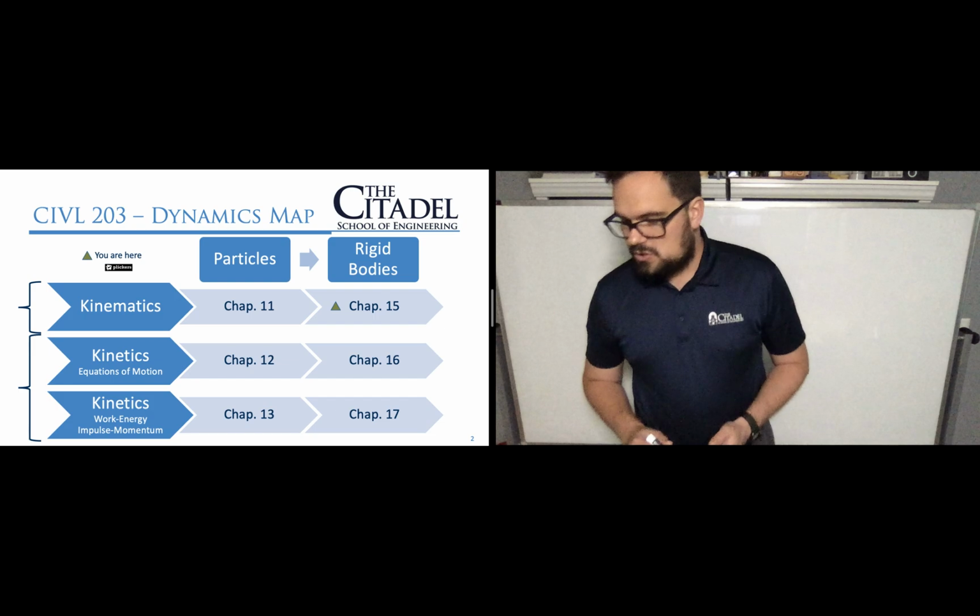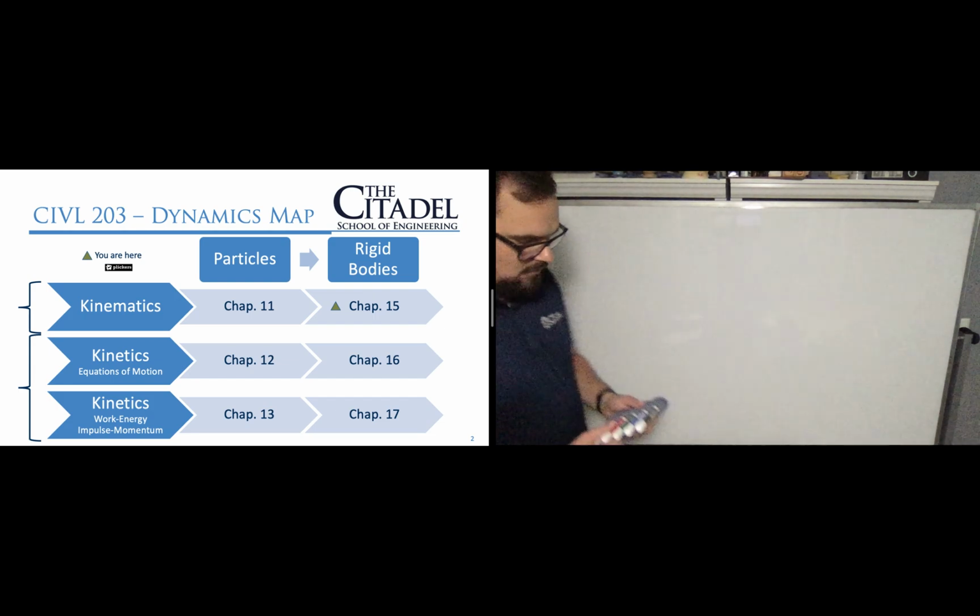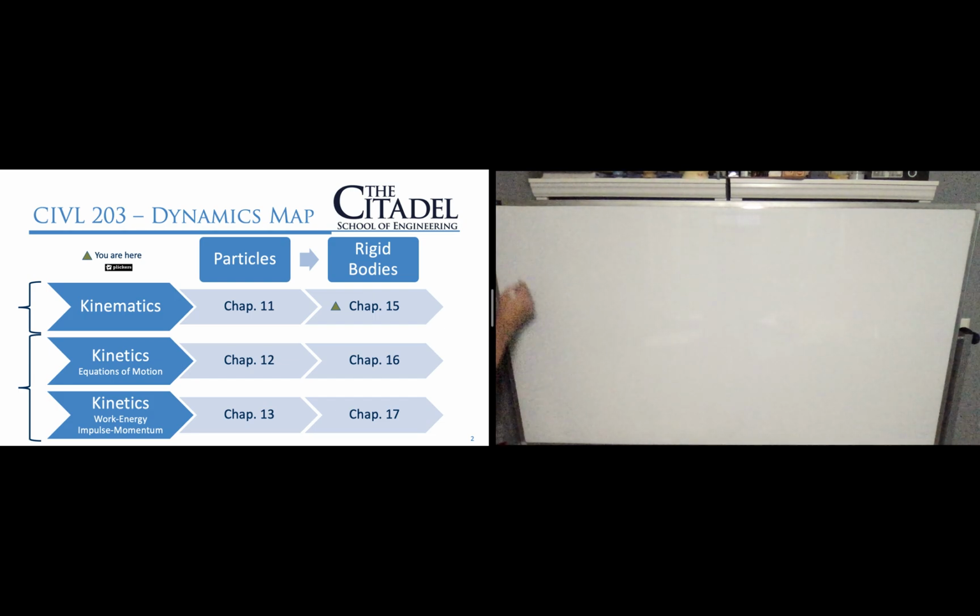And as we do that, I want to put some definitions and remind us of some things. So the first thing I want to remind us of is what a rigid body is. Hopefully we remember this from our study of statics, but when we think about a rigid body, this is going to be something that has mass and shape.